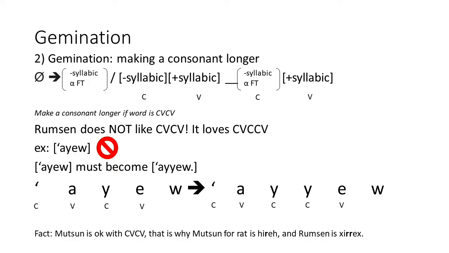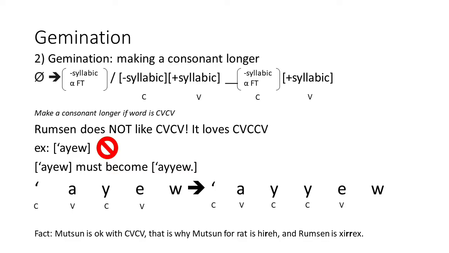Now, a fun fact, Mutsun, which is closely related to Rumsen, is okay with CV-CV. So that's why Mutsun has, like, the word for rat is hire, and Rumsen is hirrech. So again, it's also a stress thing. Stress is never on the last syllable in Rumsen, it's always on the second to last syllable. So because CV-CV exists in Mutsun, the stress is on the last syllable.